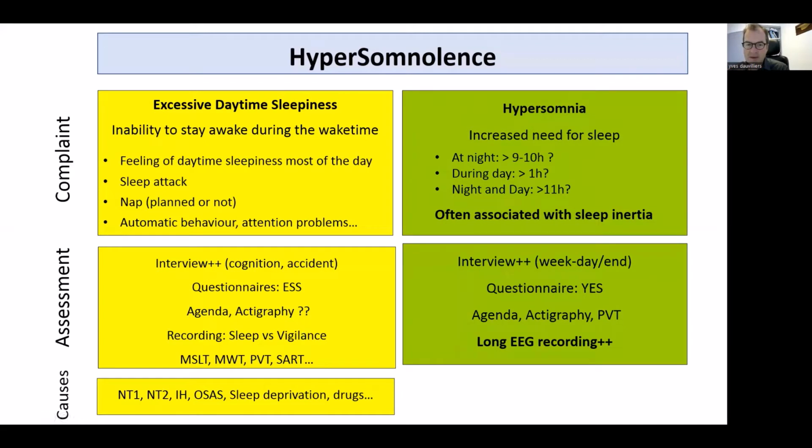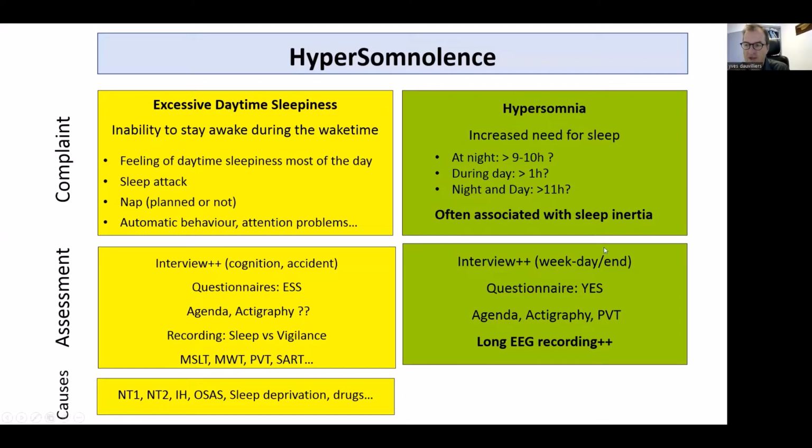The second symptom I want to deal with under the umbrella of hypersomnolence is hypersomnia, completely different from excessive daytime sleepiness, and there is often a mix-up between both symptoms. Hypersomnia is defined by an increased need for sleep. It could be at night with long sleepers, during the day with long naps, or day and night, which may be above 11 hours.